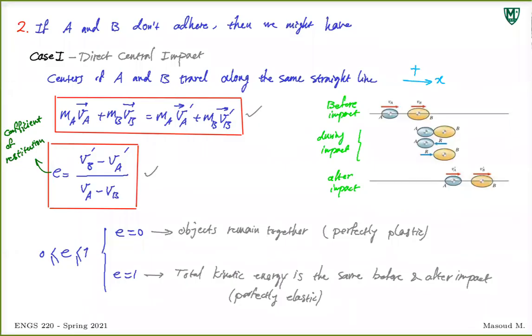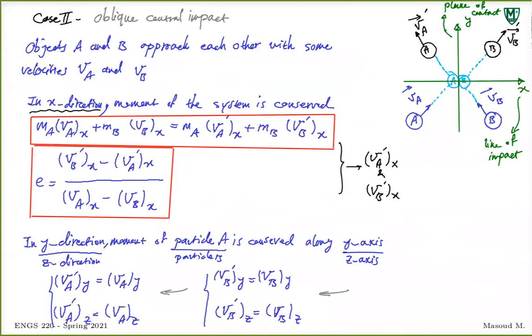In that outcome, since I use the word case here, there are two possible cases. One is the direct central impact that I talked about, and the second one is oblique central impact, right? And central impact is all we cover in this course. And we talked about how to deal with each one.